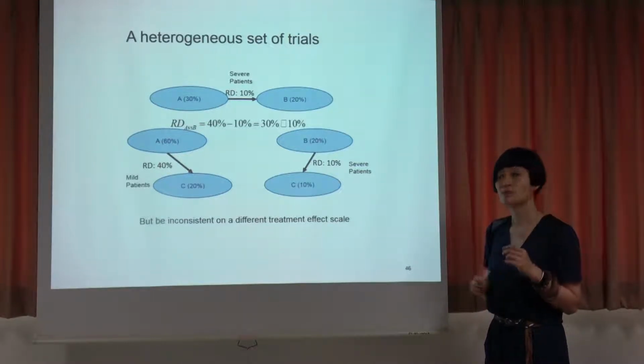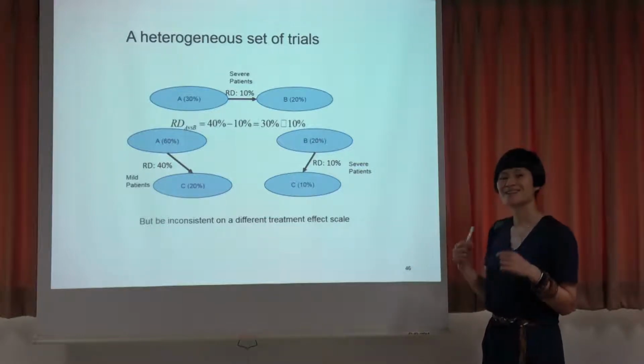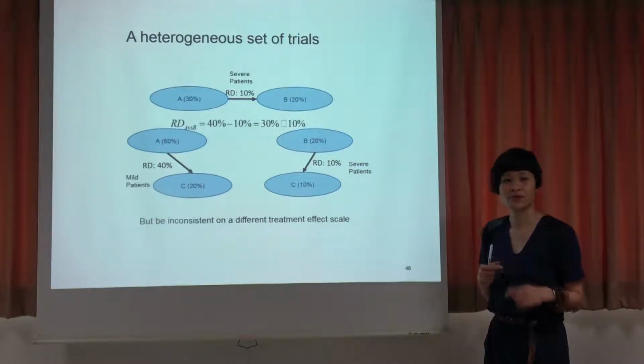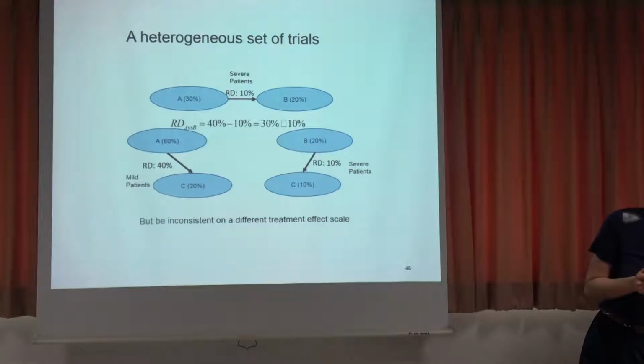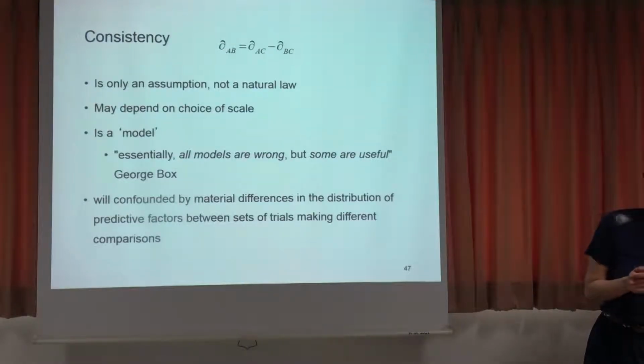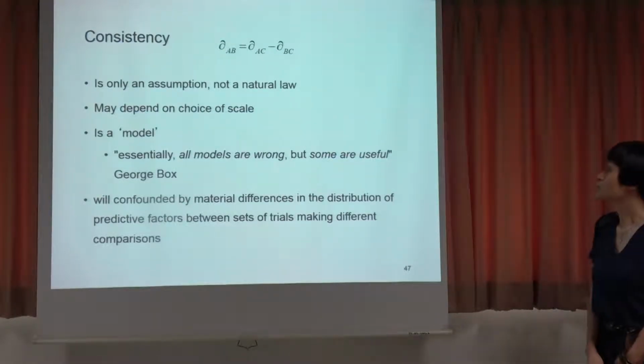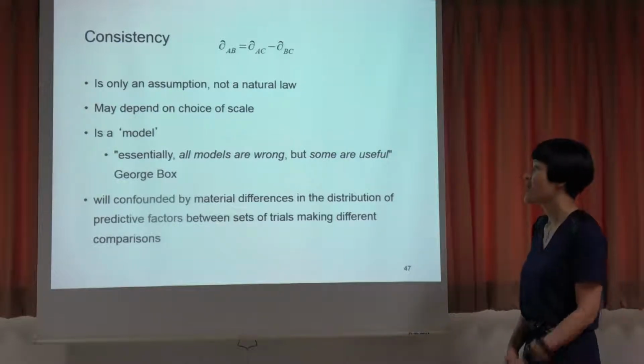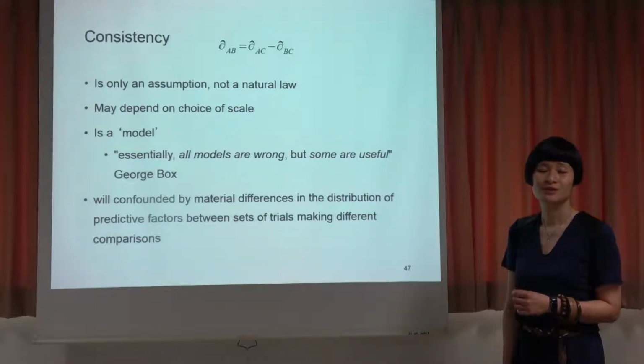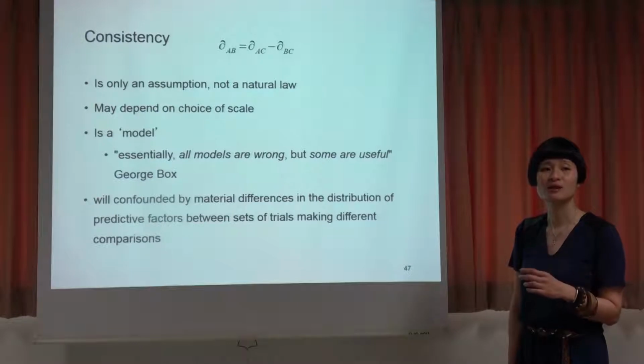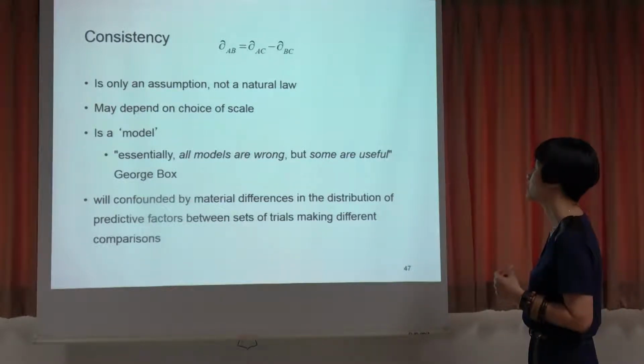So in network meta-analysis, it's quite good to actually test that assumption, if possible. So consistency is an assumption. It's not a natural law. You're making that assumption when you're carrying out your analysis.